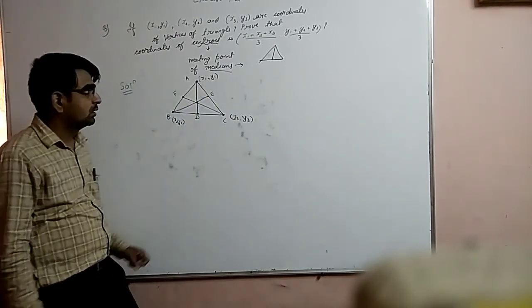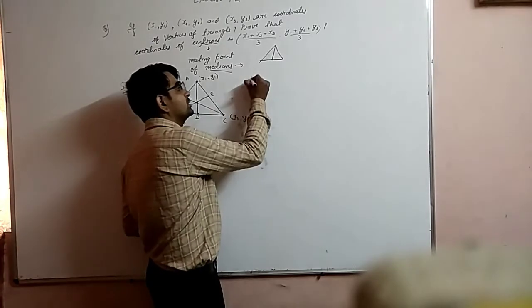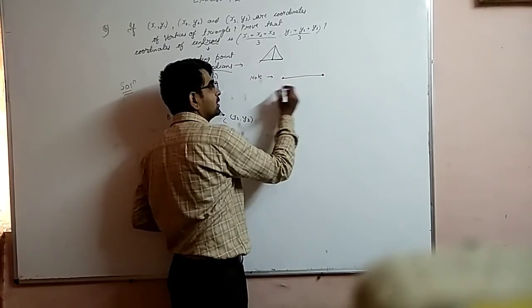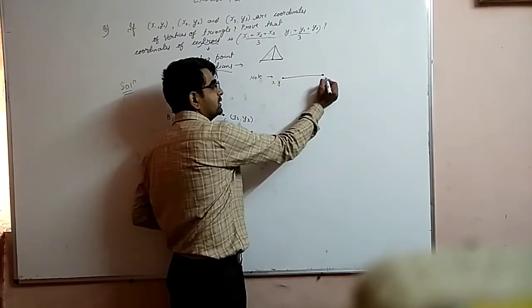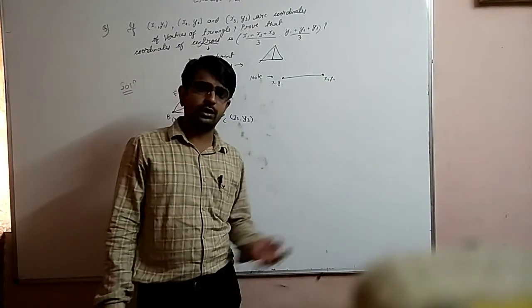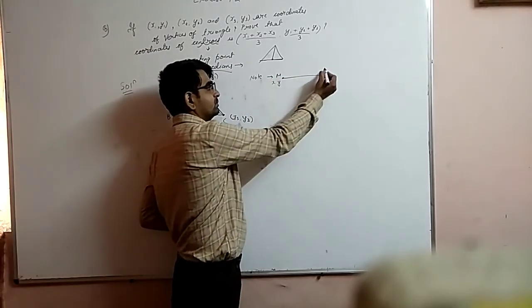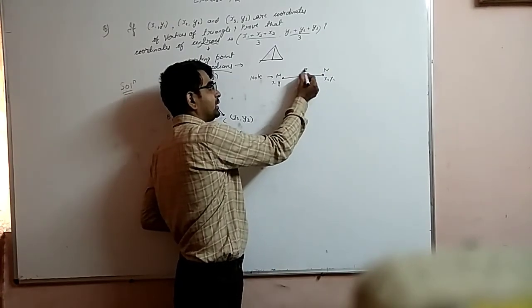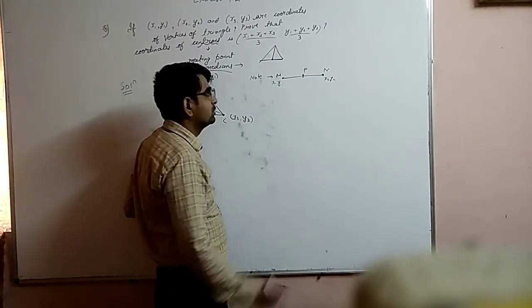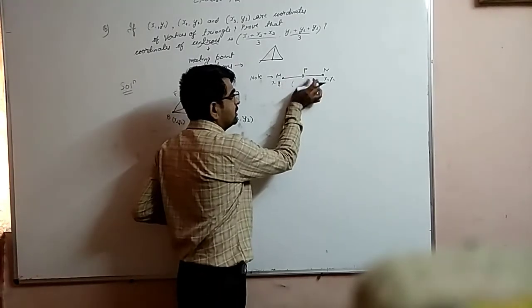Before this, just a note. Suppose this is a line, these are x1 y1 and this is x2 y2. We can directly write or we can derive also using the section formula. Now suppose this is P. If this P is the midpoint, what will be the coordinates of P?